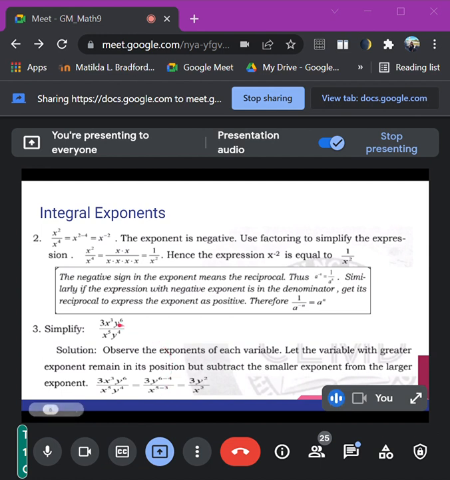And then, ang y raised to 6 and y raised to 4. Di ba, mas dako man ang naa sa babaw. Sakto ba? Kay 6 man. So, arita mag-subtract sa babaw. So, 6 minus 4. So, kung atong i-simplify, class, you will have there 3y raised to 2 over x raised to 2.